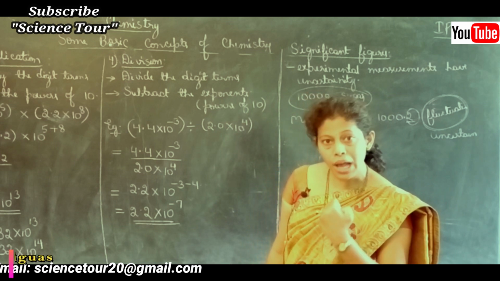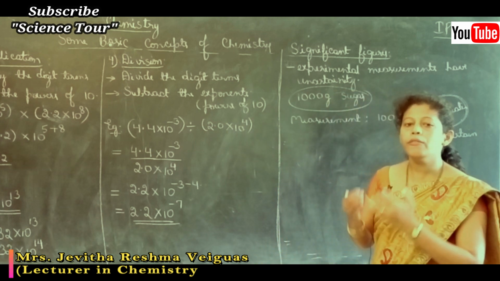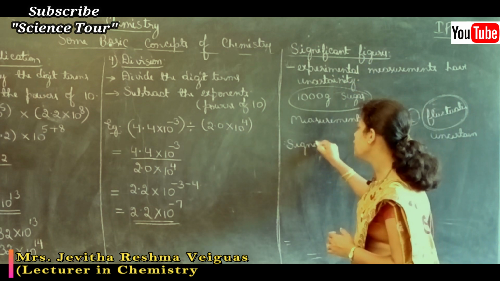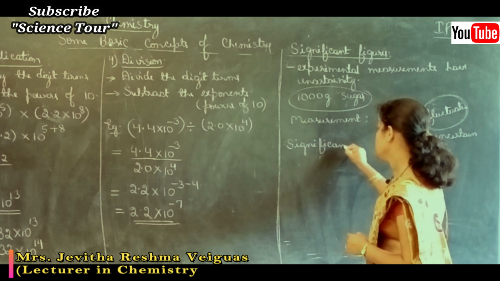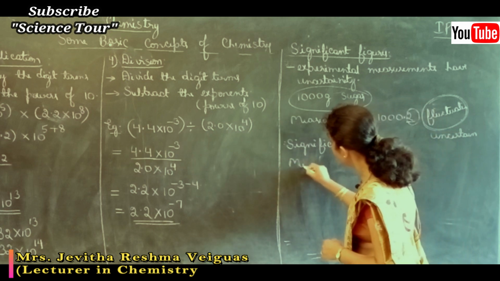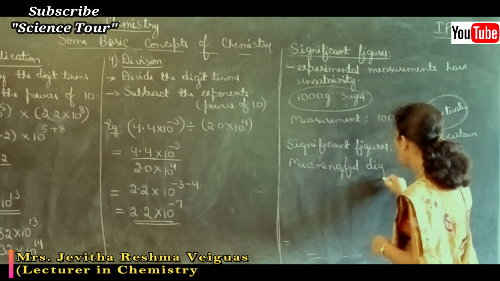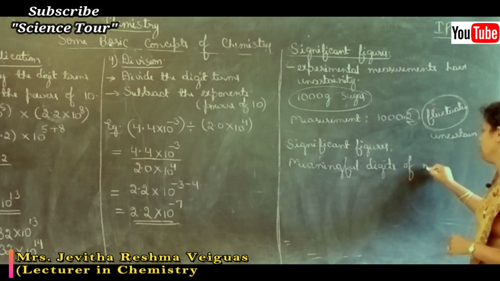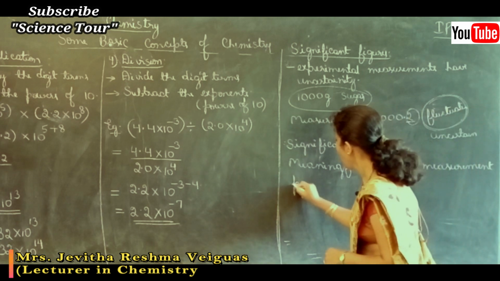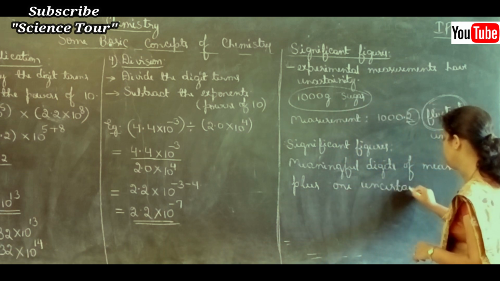Now measurements include an uncertain digit also. The certain digits along with the last uncertain digit are called significant figures. So significant figures are meaningful digits of a measurement plus one uncertain digit.